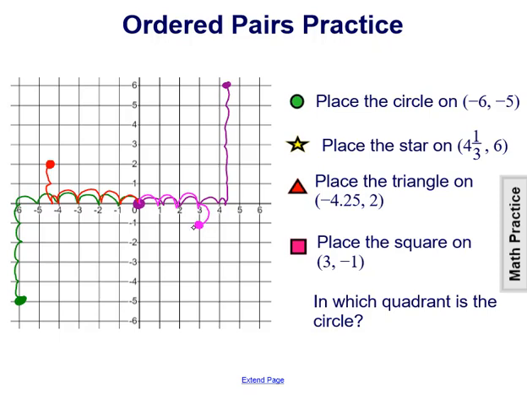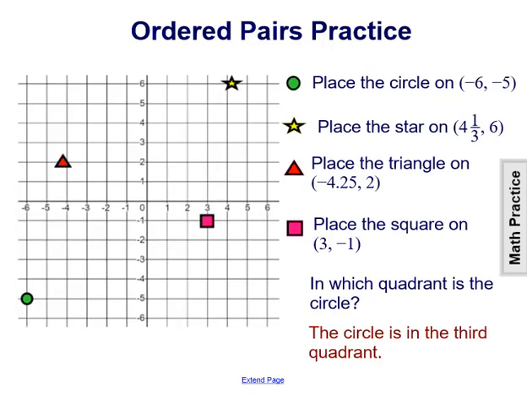So let's actually place our shapes. So we have our circle, star, triangle, and square, and then it's asking in which quadrant is the circle. So if we label our quadrants using the capital C trick, we would label them quadrant 1, 2, 3, and quadrant 4.